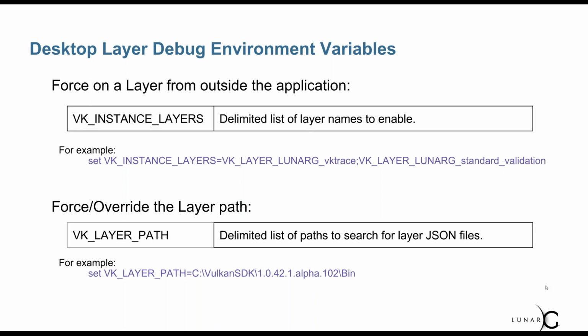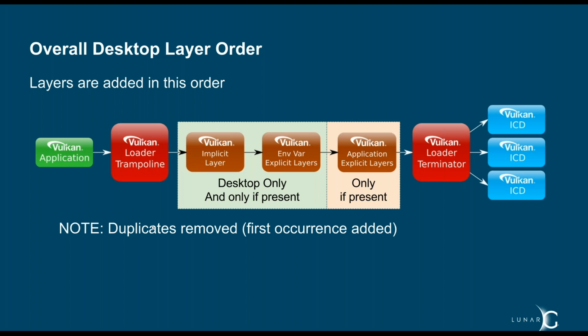So if you set VK_LAYER_PATH to the address shown here, an alpha SDK that we have, then the layers will only come from that SDK path and will not read the registries or any system paths. VK_LAYER_PATH is a list just like all of our other lists, and in this case it overrides what the default behavior is, as opposed to VK_INSTANCE_LAYERS, which adds to it.